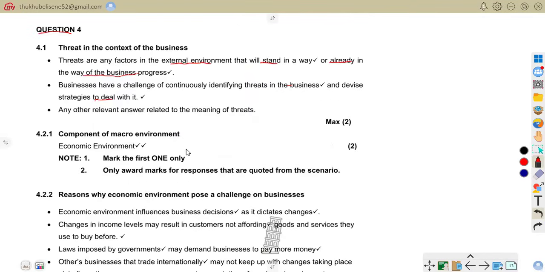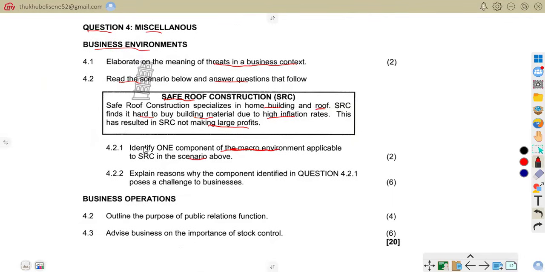Now coming to our answer, the component is the economic environment, because we are talking of inflation, high inflation rates.